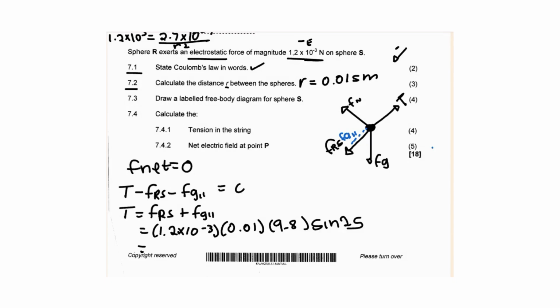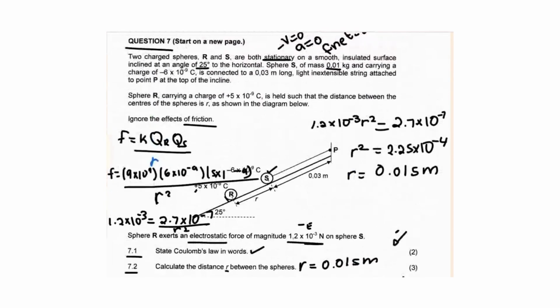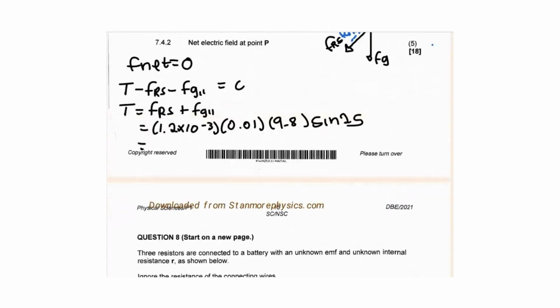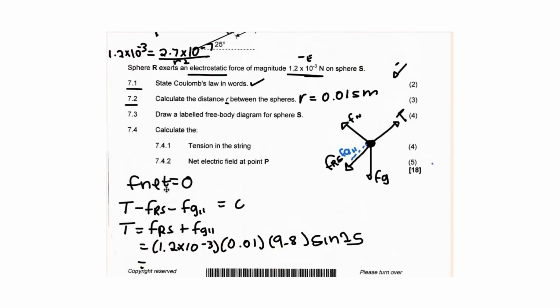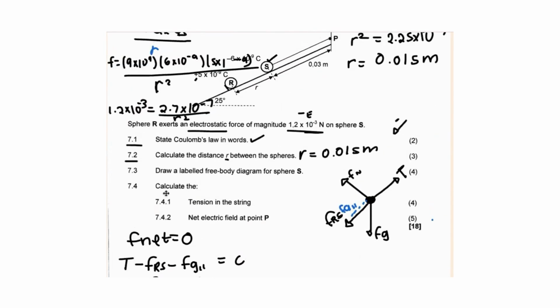So 1.2 times 10 to the power negative 3, 0.01. Can I just confirm if the mass is 0.01? Yes, it is 0.01. And we also have 9.8 and sin of 25. So I have 1.2 times 10 to the power negative 3.